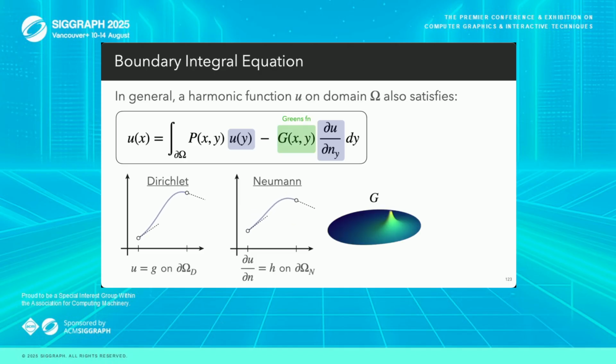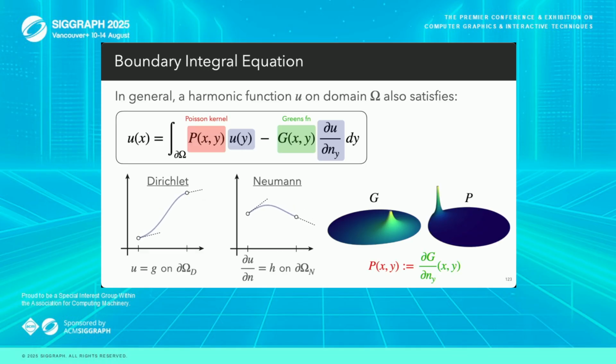Beyond our boundary values, we have a Green's function g, which is the fundamental solution for our PDE. We separately have the kernel p, which is just the normal derivative of g, which you may have also heard referred to as the Poisson kernel.